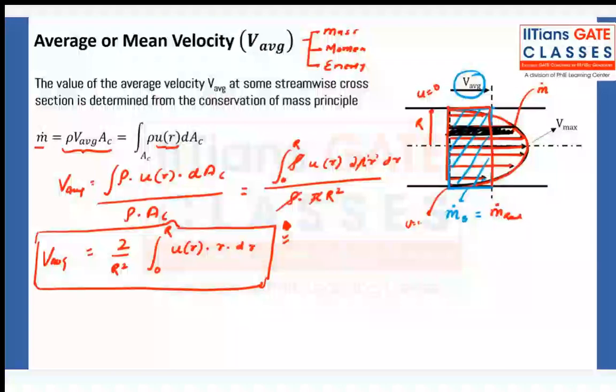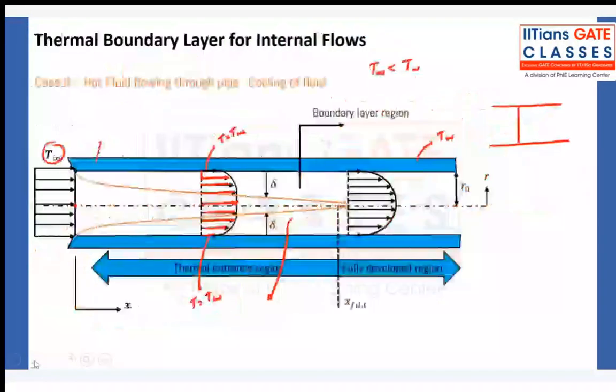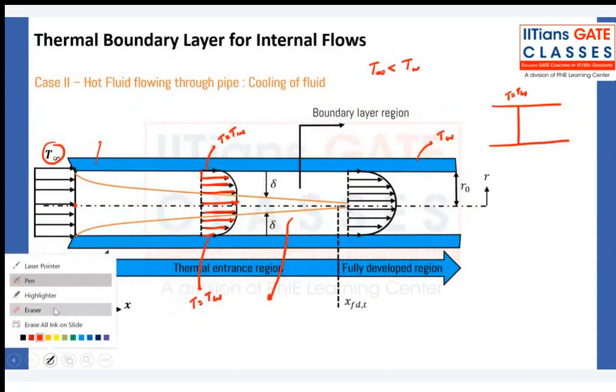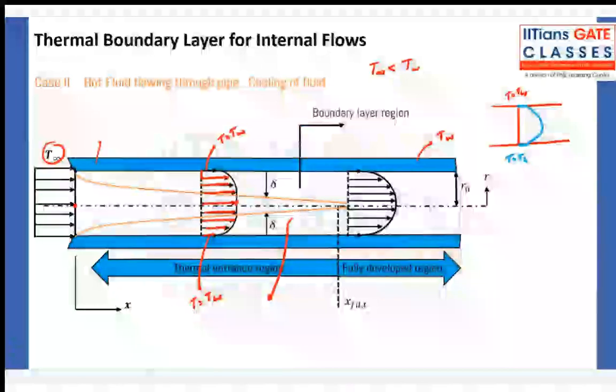But here T is not 0, it is equal to TW. So it does not start at the same point. First of all, you have to show a finite temperature at both sides, because T is equal to TW. And then your parabolic profile starts for cooling of fluid.